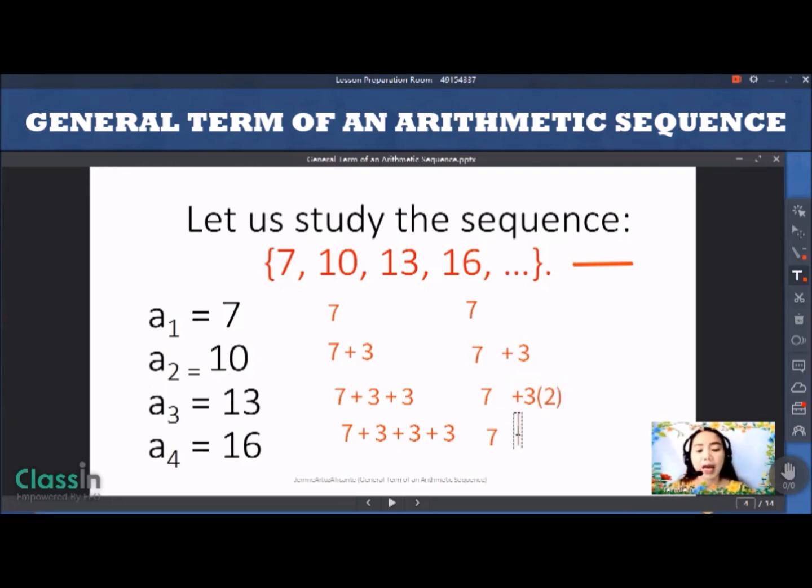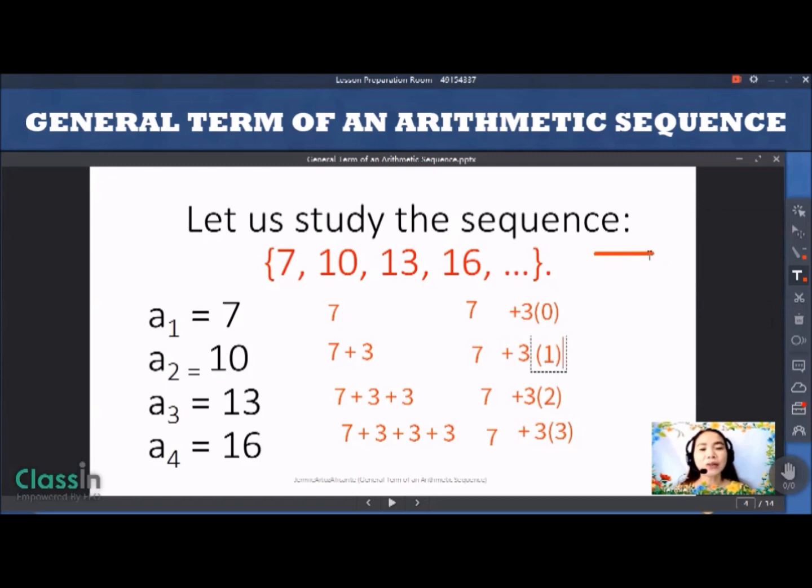And here we have actually how many? Very good. We have 3 3's. Now, since on the first one we only have 7, it only means that maybe we added 3 times 0, right? And here, since we only have 1 3, that is 3 times 1.